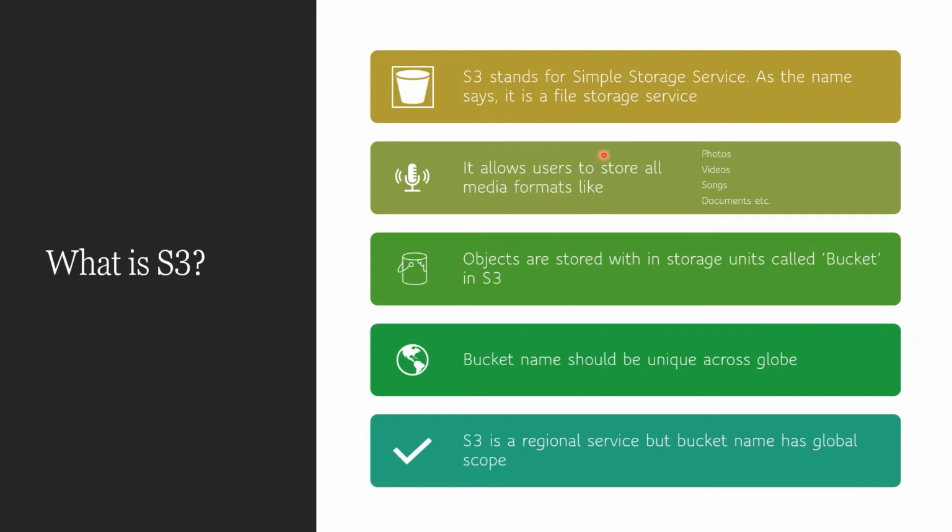To summarize, S3 is a simple storage service in Amazon Cloud. It's one of their most important services, like the backbone of many websites. It's a storage service in Amazon Cloud, its base units are buckets, and the bucket name should be unique across the globe.